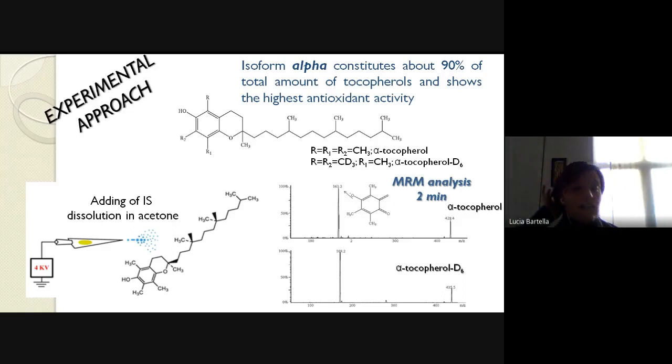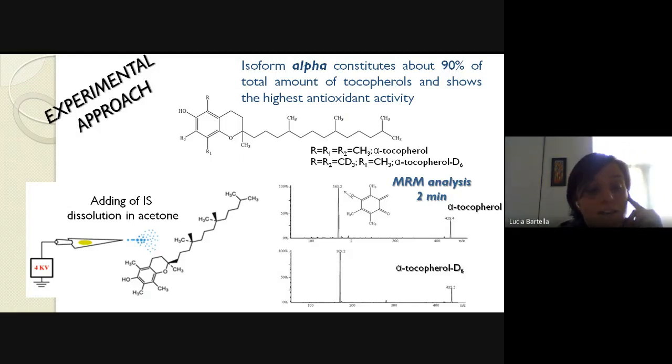In this case, the experimental approach is very fast because the oil is directly analyzed by PSMS analysis. After the adding of internal standard, also in this case labeled internal standard alpha tocopherol containing 6 deuterium, the sample was dissolved in acetone and directly spotted onto the paper.